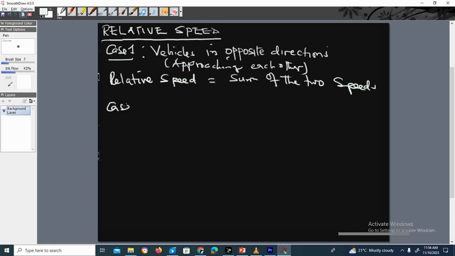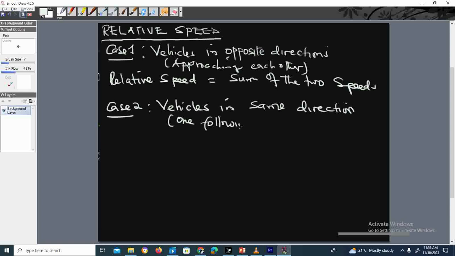Then we have case 2. In this case, vehicles in the same direction. This means these two vehicles, one is following the other at any given time.